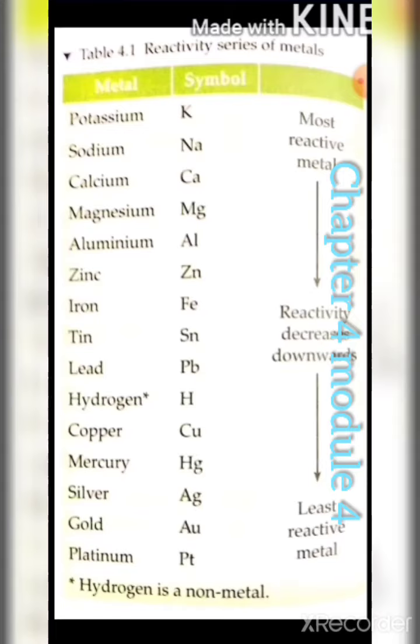You can see that these metals, copper, mercury, silver, gold, platinum, come after hydrogen. That means they are less reactive than hydrogen, so they cannot displace or replace hydrogen from the acids. Hence they are known as noble or less reactive, and they do not react with acids.